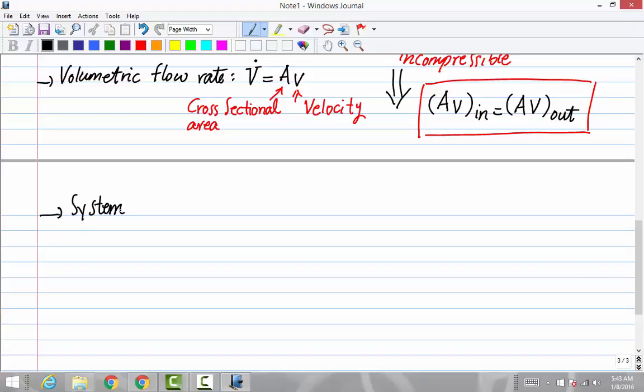Again, open or closed, control volume or control mass. And another step is that we need to specify what we are looking for and what the question is. The question asks for the diameter at the outlet, that's one question, and the other one is the power.